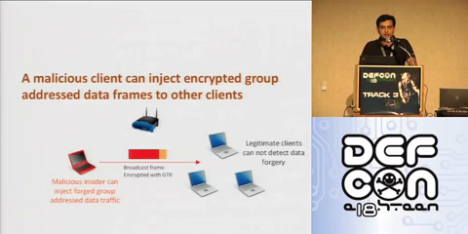Which means for a malicious user, a broadcast frame is available which that malicious insider can generate and send to all other Wi-Fi client devices. But Wi-Fi client devices are programmed to receive packets from the access point, not from other Wi-Fi client devices, right?